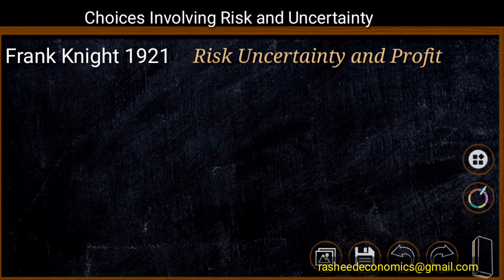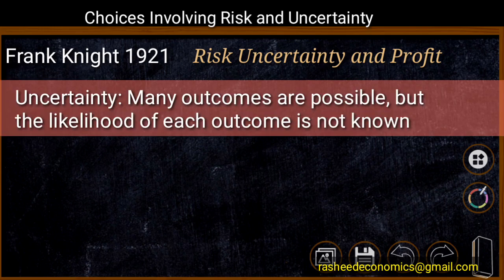According to Knight, uncertainty is a situation in which many outcomes are possible, but the likelihood of each is unknown. That is, there are different outcomes, but the possibility of each outcome occurring is unknown to the participant. Such a situation can be treated as an uncertain situation.